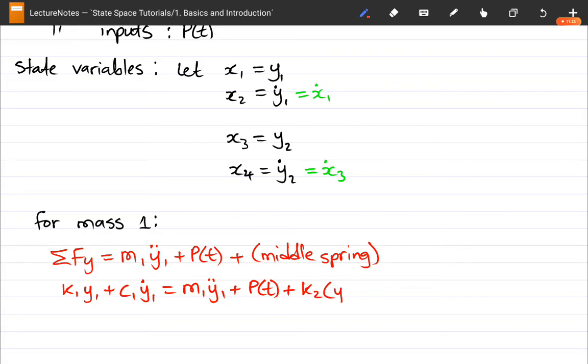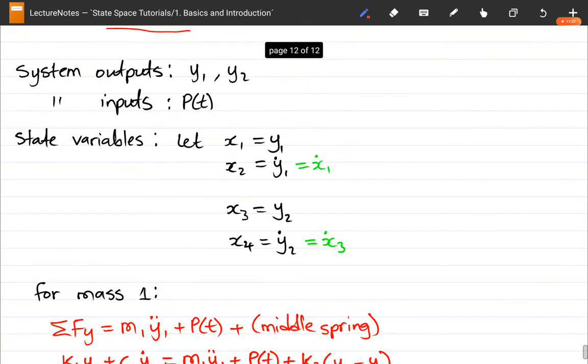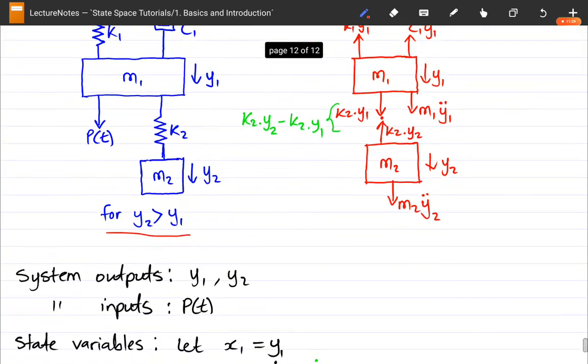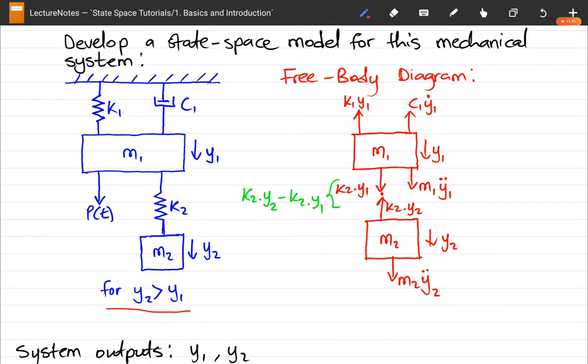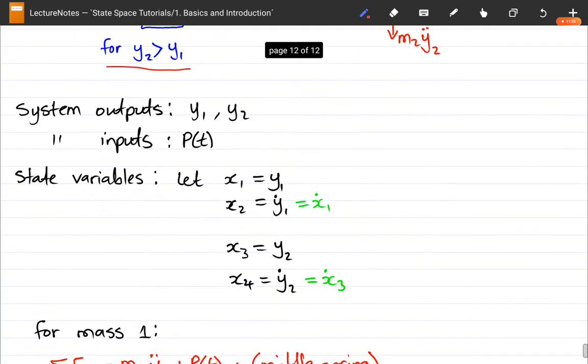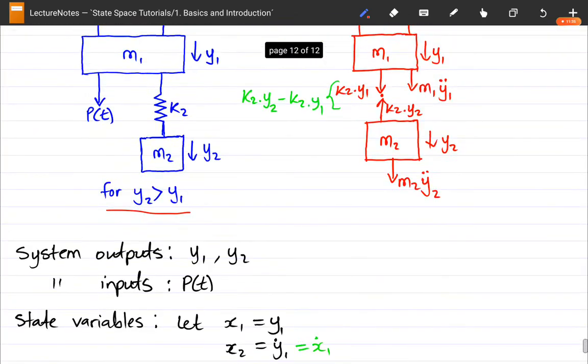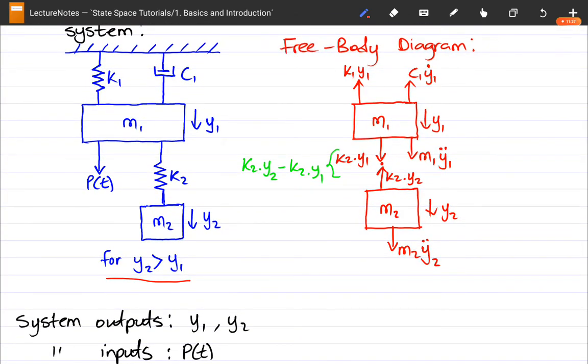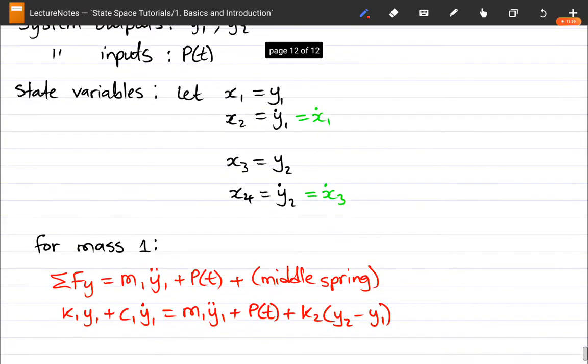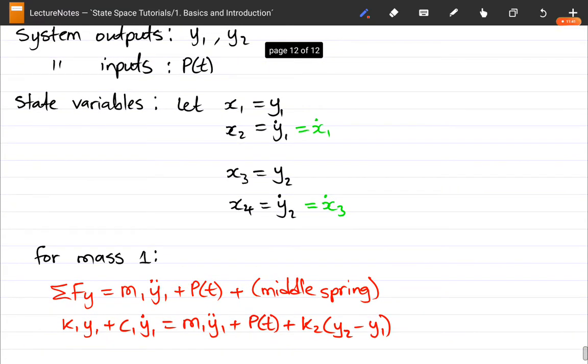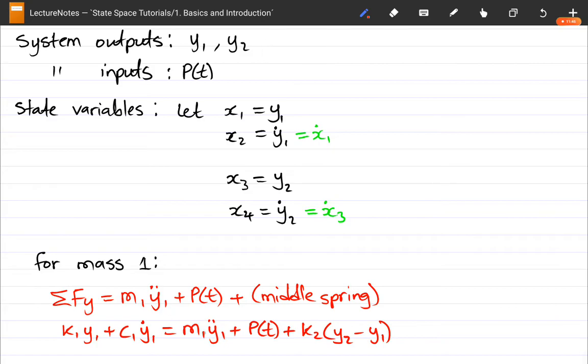Hopefully I'm writing this correctly. Okay, let's see. So we have K1 Y1 plus C1 Y1 dot, okay, that seems about right, is equal to M1 Y1 double dot, and then the middle spring.